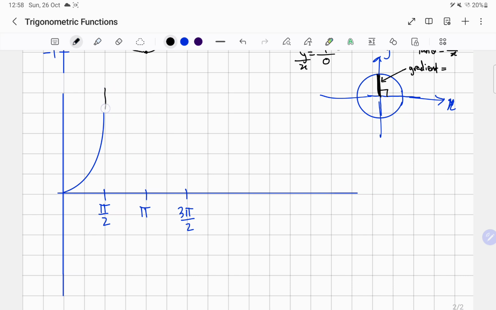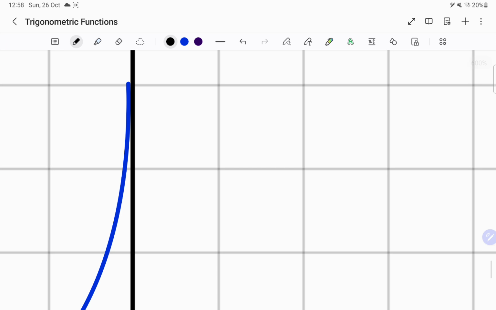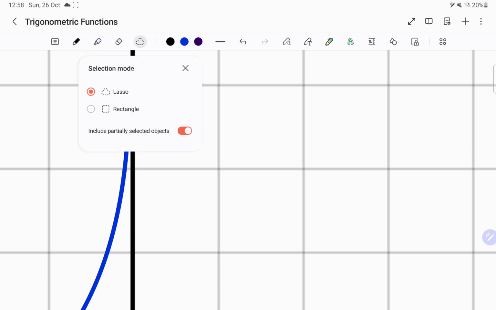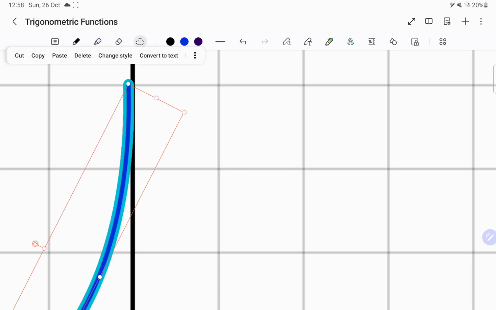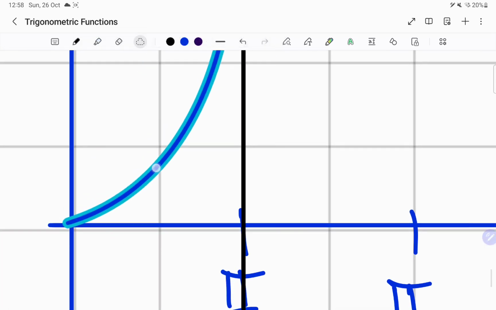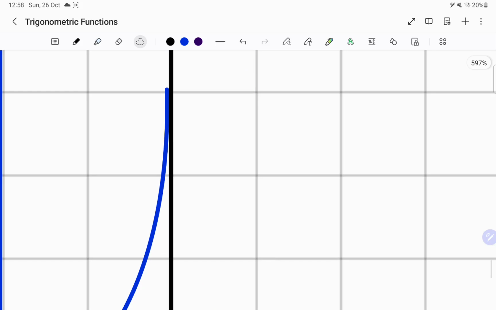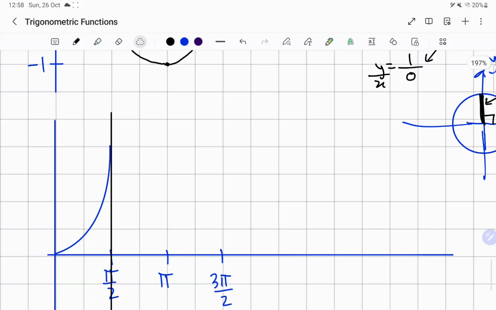So you draw an asymptote here, and these two lines shouldn't touch, although I think I've sort of touched. But you get the idea, that this is an asymptotic function.